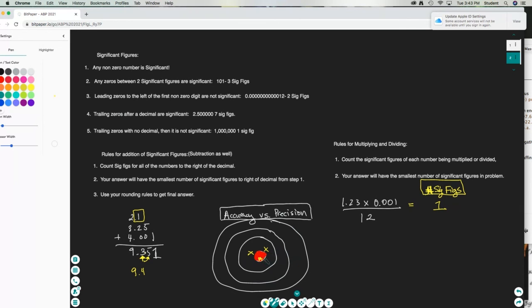If your shots look like this, you're pretty accurate, okay? If your shots look like this, you're being very precise, but you're not being accurate because you're repeating everything and you're getting very similar results, right? But they're not actually close to the target. Okay?